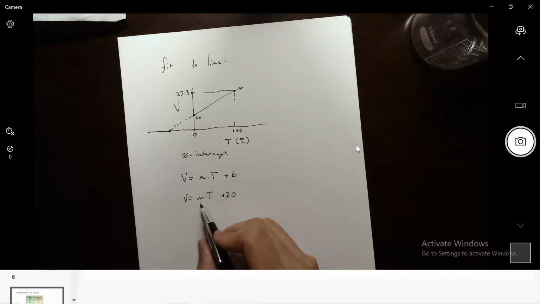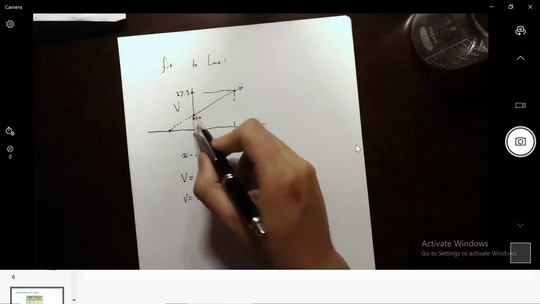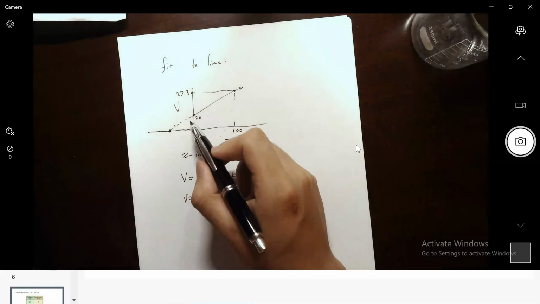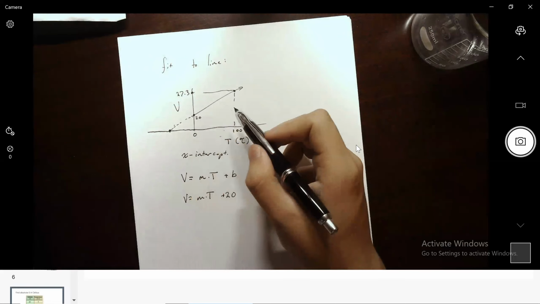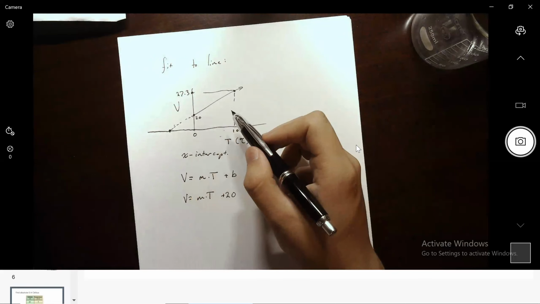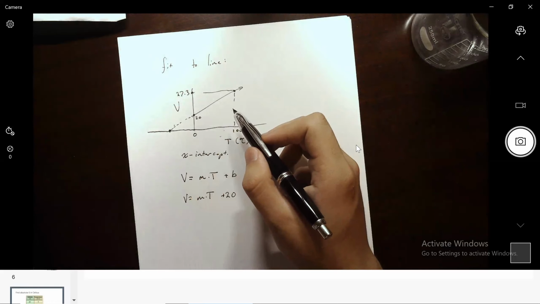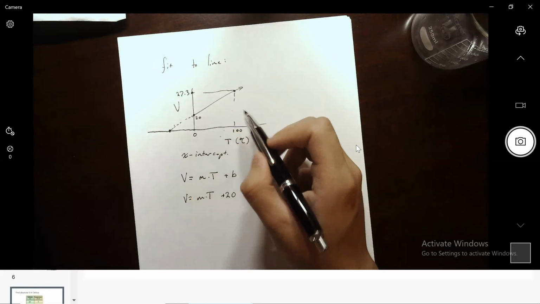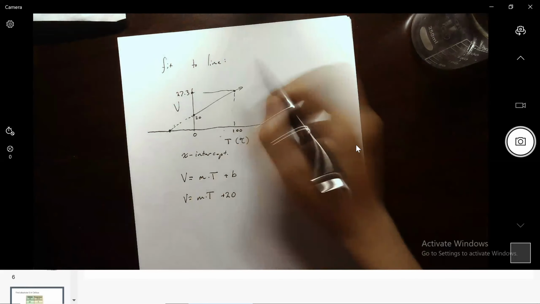Okay. Now we need to find m. Does anyone know what m is? M is the slope, right? So now we need to find the slope of this line.